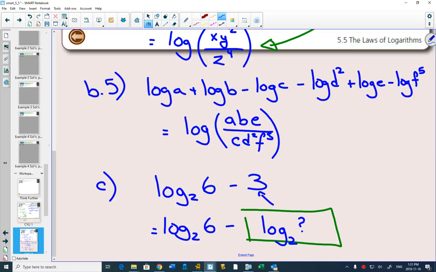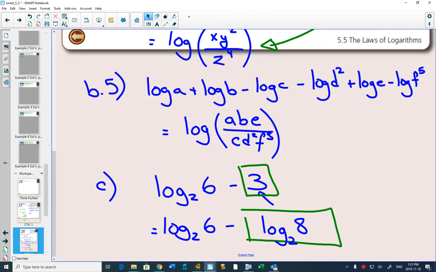What would the question mark be? 8. So now I'm going to erase that question mark. And notice that log base 2 of 8 is equal to 3.